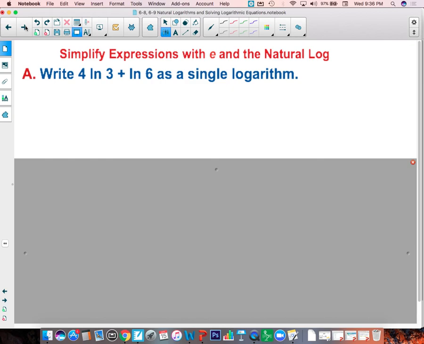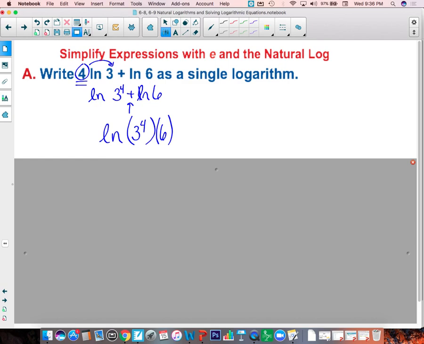Okay, so we have the number out front, the 4. Remember, numbers that are out in front of logarithms go up top as exponents. So I can rewrite this as natural log of 3 to the 4th plus natural log of 6. Then you know that when you add these, you multiply the stuff on the inside. So natural log of 3 to the 4th times 6.